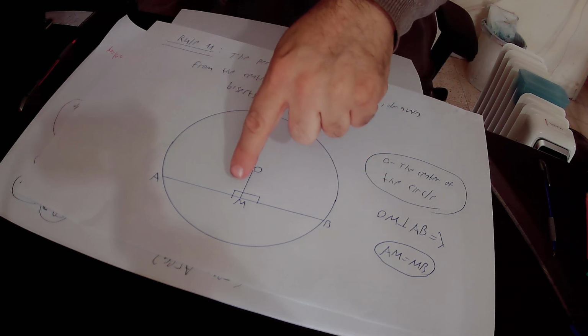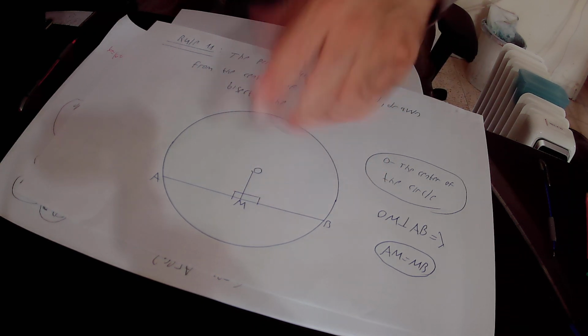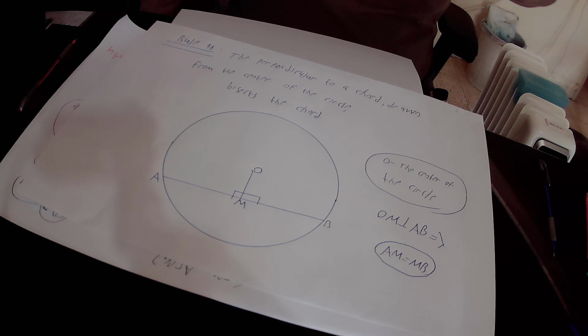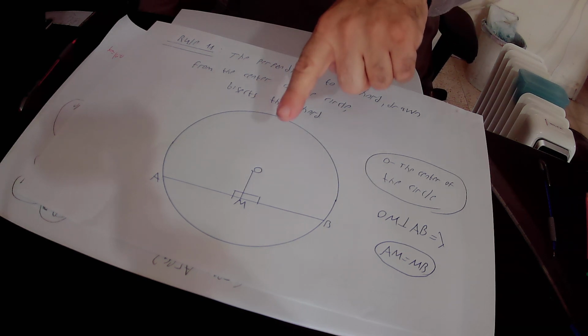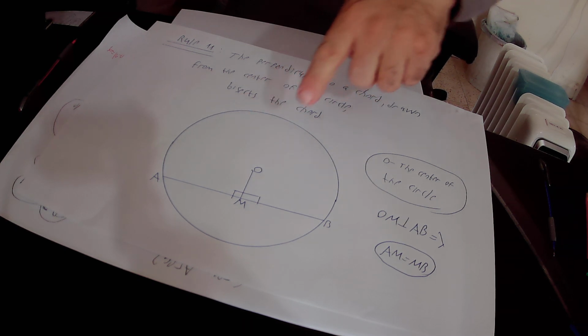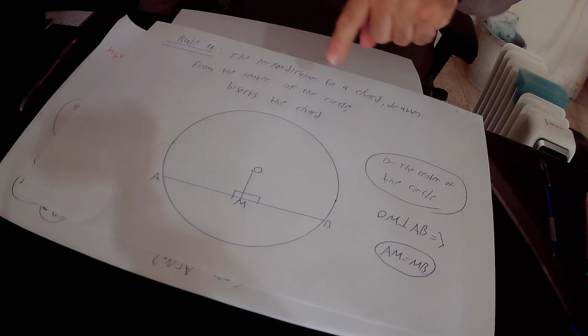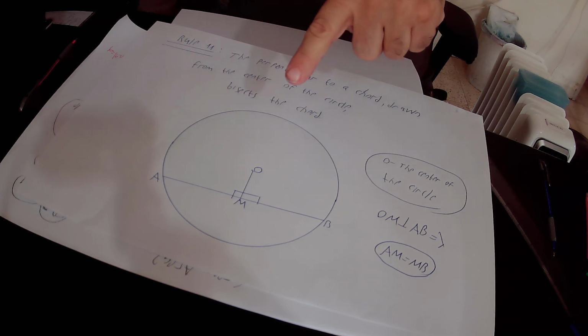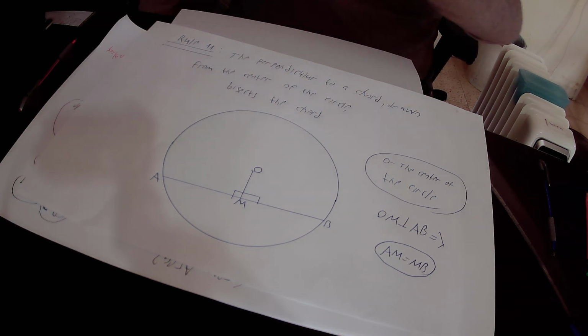That is to say, this angle equals 90 degrees and this angle equals 90 degrees according to our construction. So whenever you have a perpendicular from the center of the circle towards any chord, here we have perpendicular OM to chord AB, then OM will not only be perpendicular to AB, but OM also bisects AB. That is to say, here AM must be equal to MB according to rule number 11.